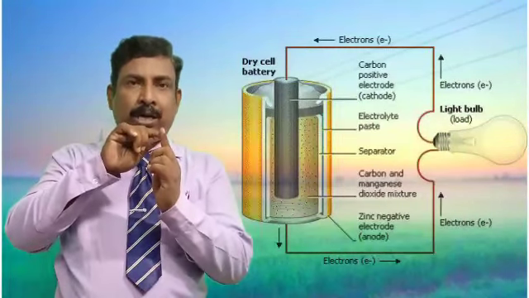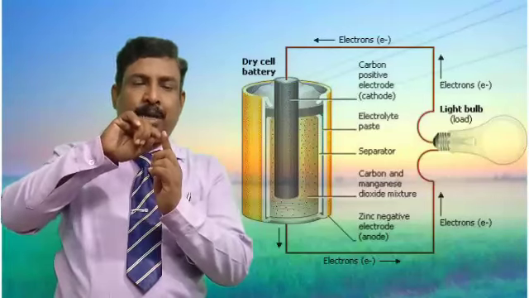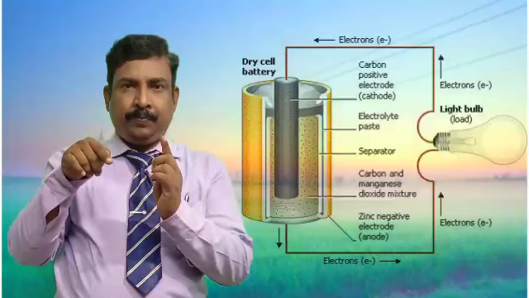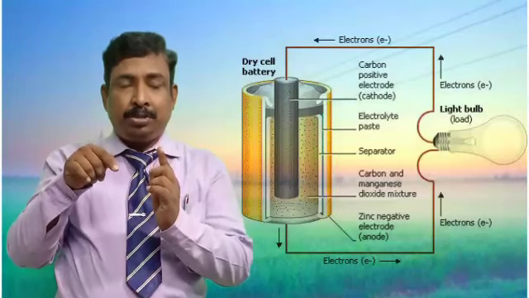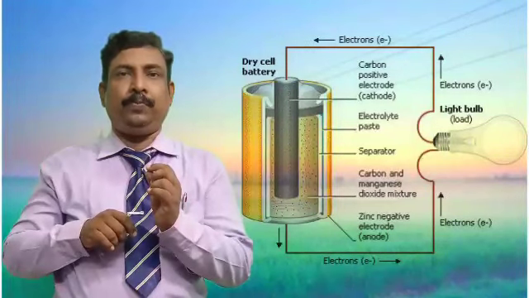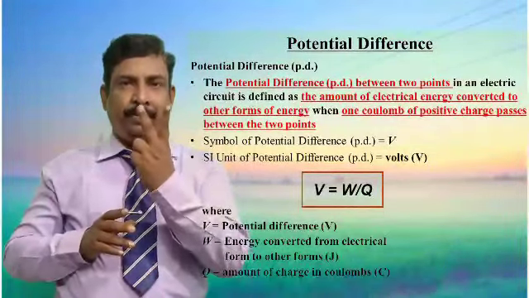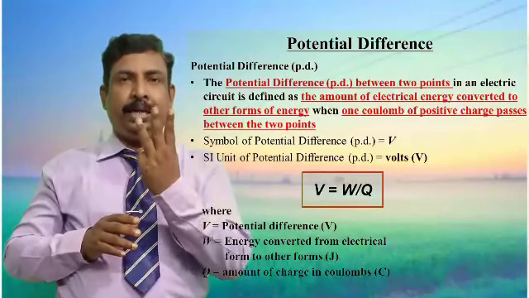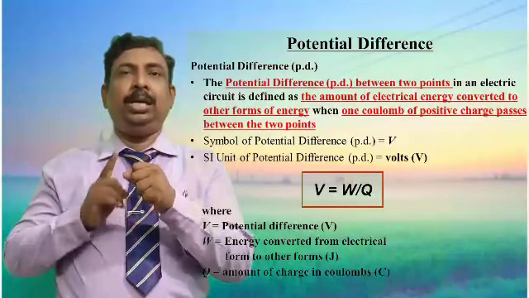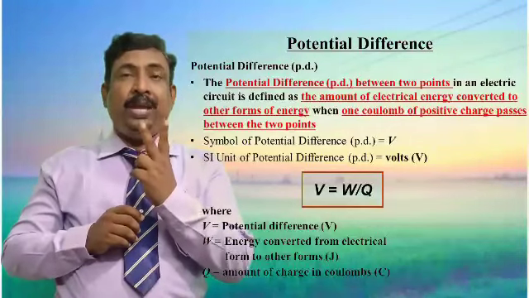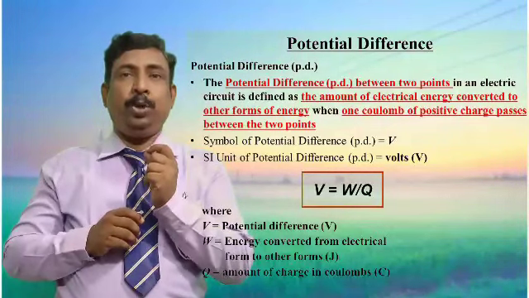It means the work done by this cell to carry the unit positive charge from one point to another is called potential difference. The potential difference symbol is generally V, work done is W, and charge is Q. And what is the formula of potential difference? V is equal to W by Q.